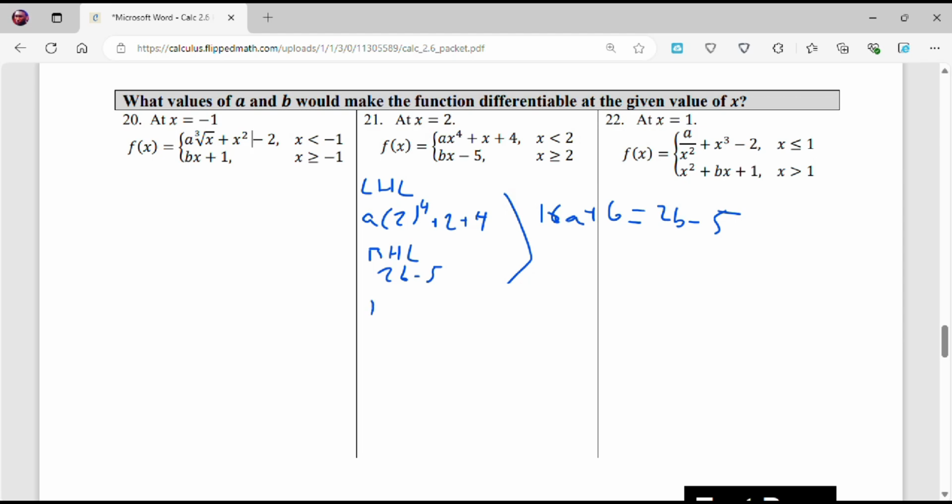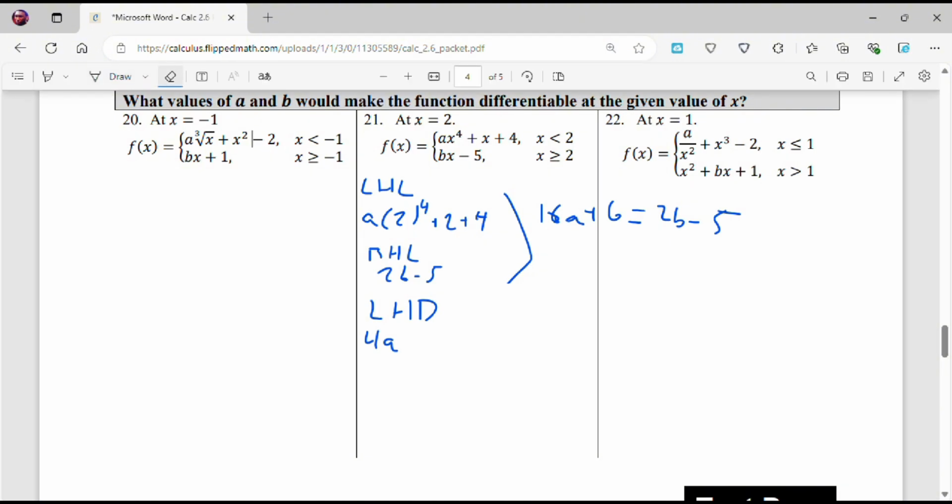Okay, we're going to now do our derivatives. So LHD, again, remember a and b are constants, so we treat them as constants when differentiating. So we have ax to the 4th, so we can power rule that. We get 4x cubed times a. Derivative of x is 1. Derivative of 4 is 0. Right-hand derivative.